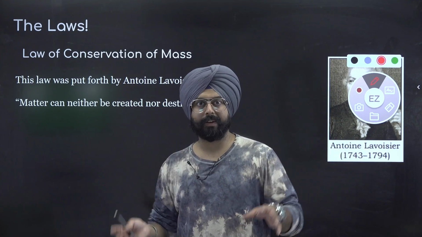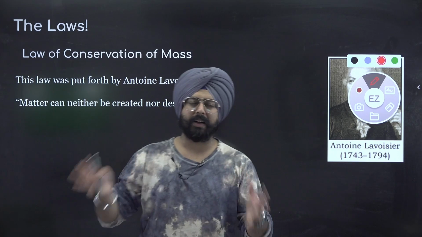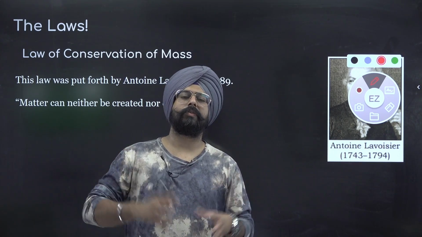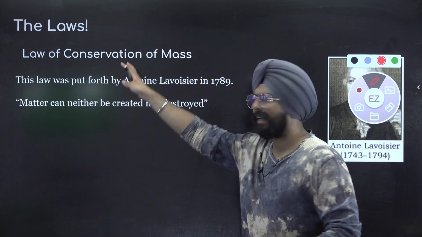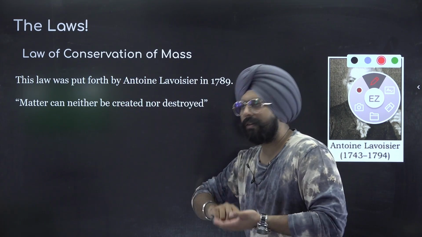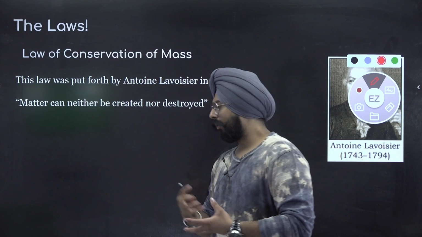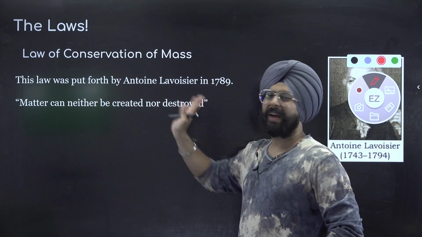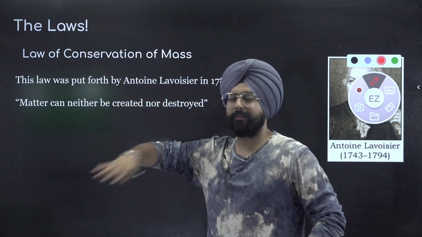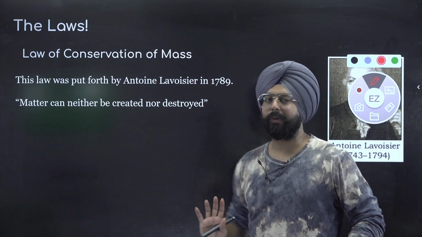So now the conservation of mass law is basically conservation of mass and energy together. But if we don't consider nuclear reactions, if we don't consider the transformation of mass into energy, then this law works for almost all the processes that are happening on the earth.